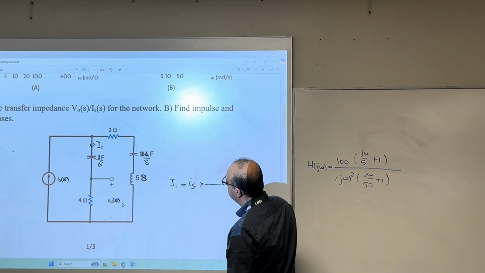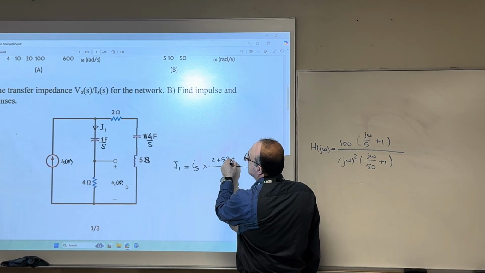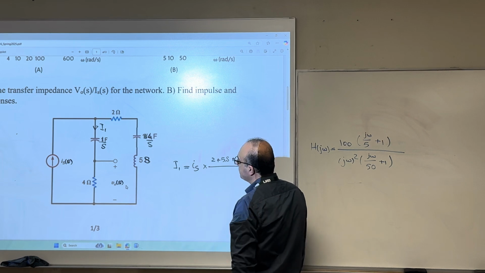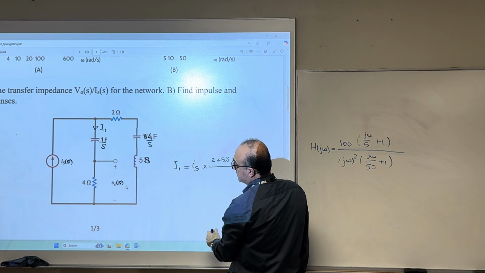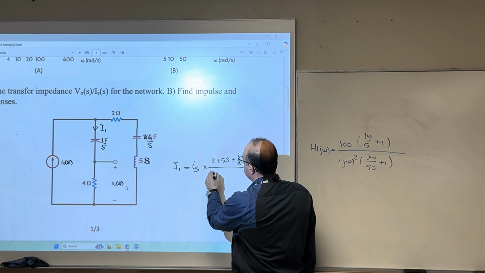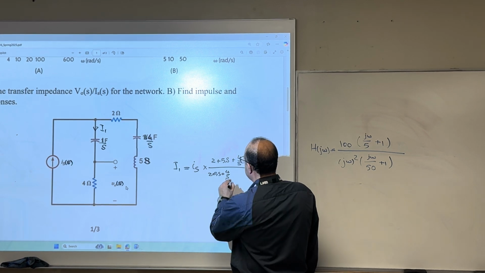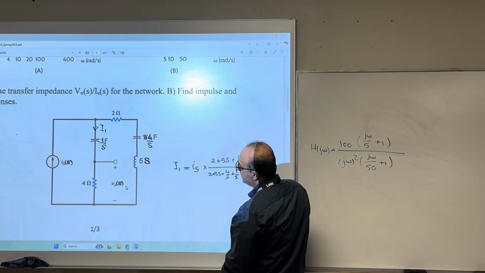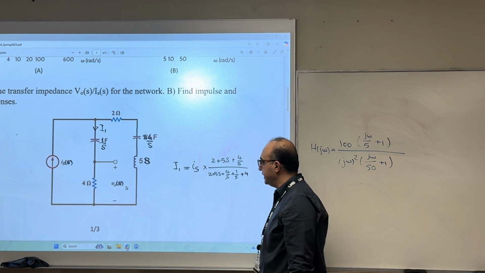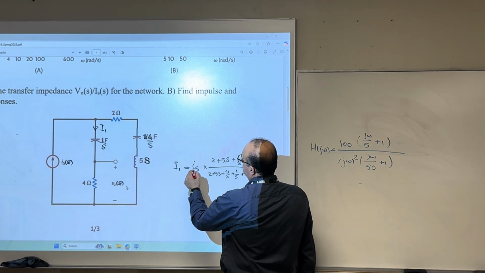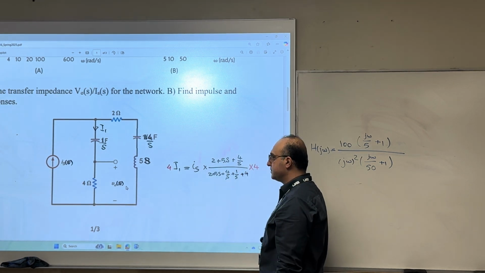So impedance of the other branch is 2 plus 5S plus 4 over S, divided with this impedance plus the impedance of the 2 plus 5S plus 4 over S. And the impedance of this branch is 1 over S plus 4. Okay, this is this current. If I multiply everything by 4, the result is what?